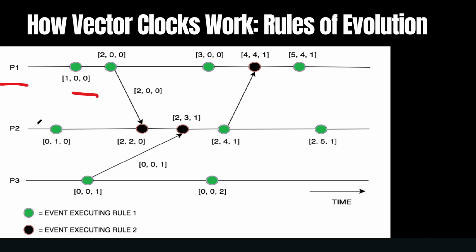After that, we have a local event, which is an internal activity. When node P1, for example, performs any local event, it increments its own entry in the vector clock. So it will be +1, as you can see here.